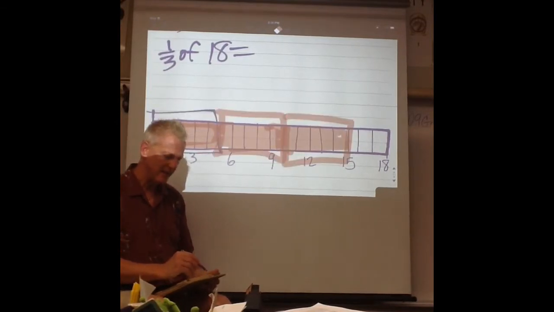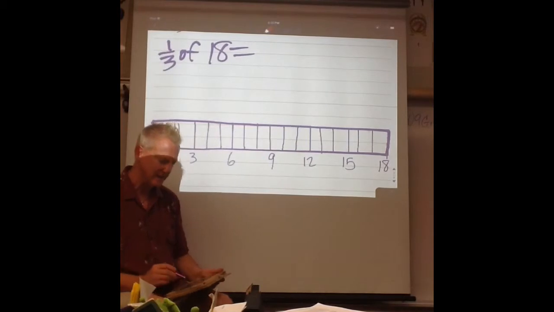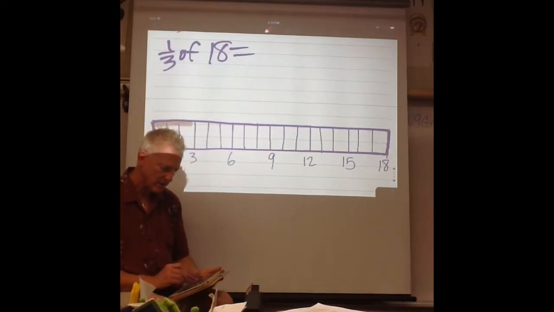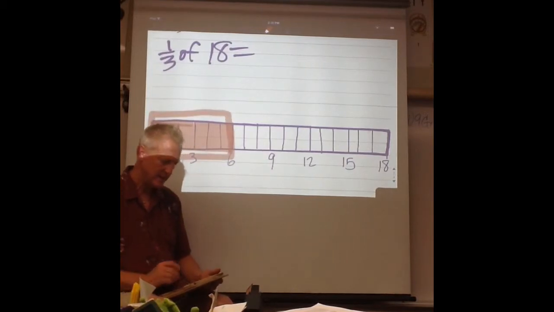So that means we have how many? We have 6 in each of our groups, right? So let's try that and see if that works. 1, 2, 3, 4, 5, 6, right? Sometimes when I color these in, they don't go very well. So, that's one set.